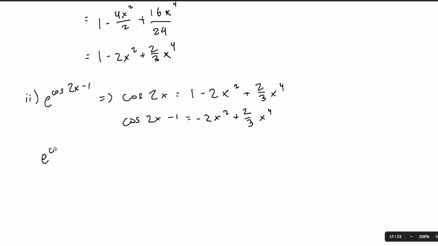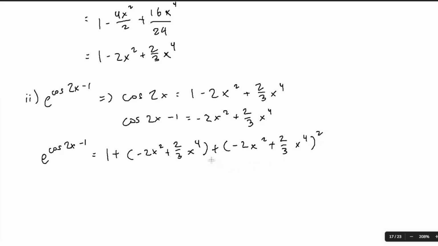So our e power cos 2x minus 1 is equal to 1 plus minus 2x squared plus 2 over 3 x power 4, plus minus 2x squared plus 2 over 3 x power 4, squared over 2 factorial.